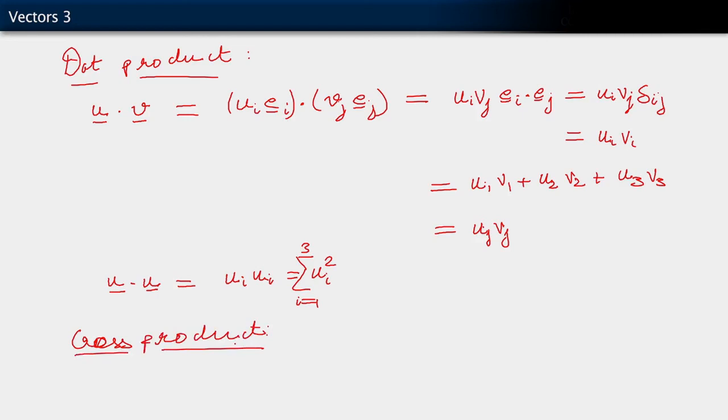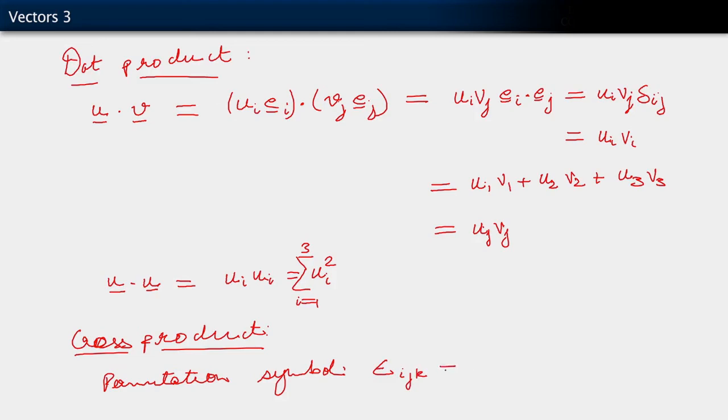For the purpose of the cross product, we need to first introduce something that we will call the permutation symbol. We will denote it as epsilon ijk, and we are going to define this as follows.